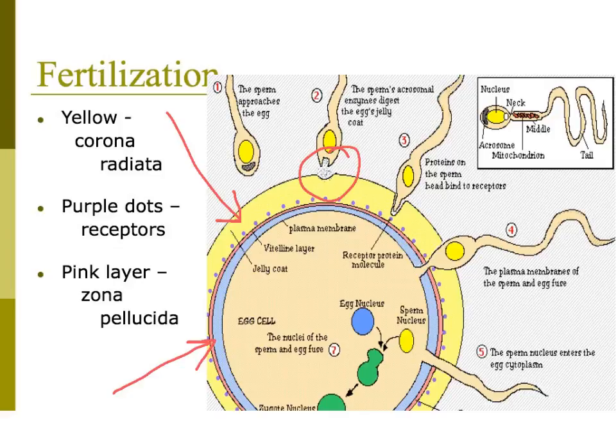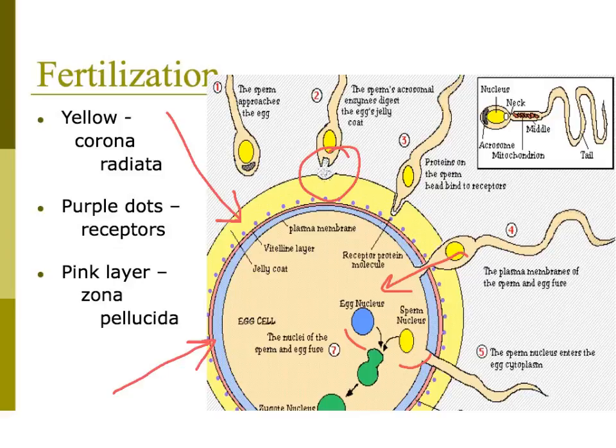Eventually, a single sperm manages to penetrate through that zona pellucida, and as soon as it does, it changes this outside layer so that the hydrolytic enzymes no longer function. So it allows one sperm in, and that's it. When the egg and the sperm nucleus fuse, this is when we have a completion of meiosis for the egg.